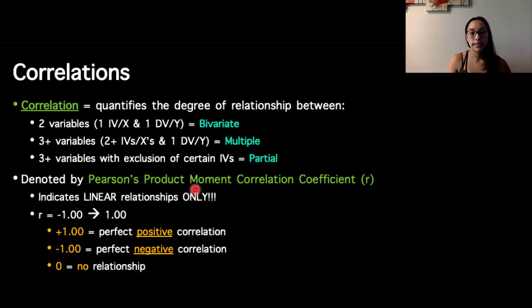Correlations, at least the types of correlations that we're doing in this class, are going to be Pearson's product moment correlation coefficients, or you can just call them Pearson correlations. And the coefficient that we use to identify both the strength and the direction of our relationship is R. So some of you may have seen R before, but R is going to be the coefficient that we use to kind of equate what the strength and direction of our correlation is.